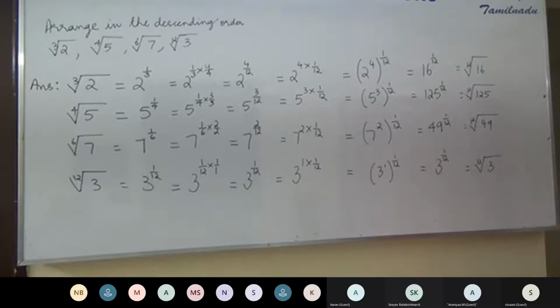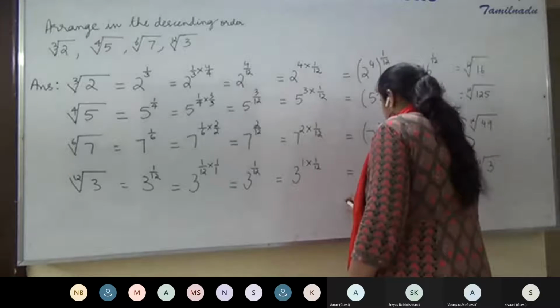Now it's easy to decide. This will have the smallest value. This will have the biggest value. After this is 16 followed by 49 and then 125. But it's a descending order. So this is first, this is second, third, and fourth.